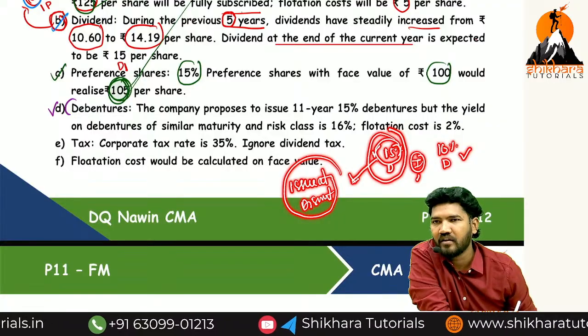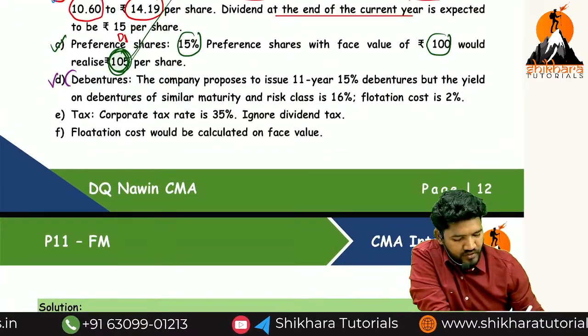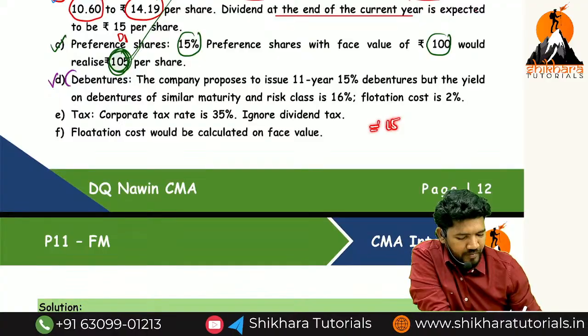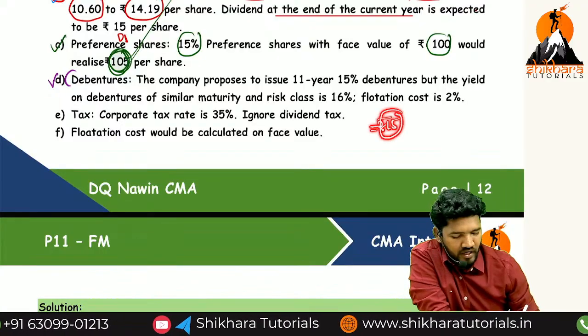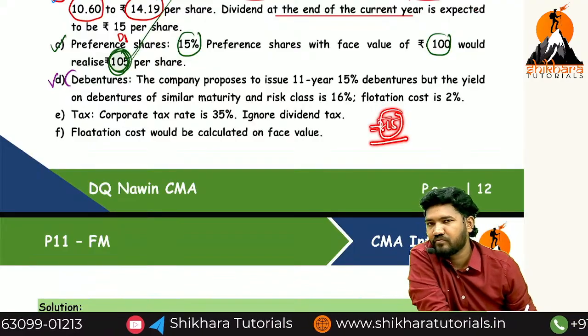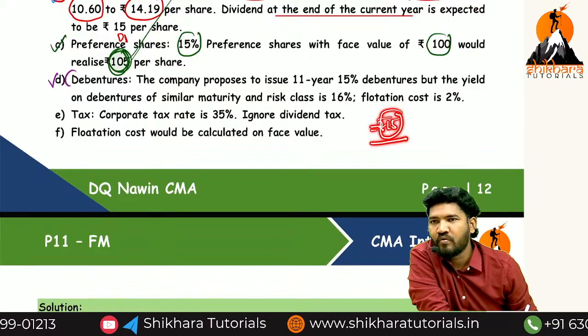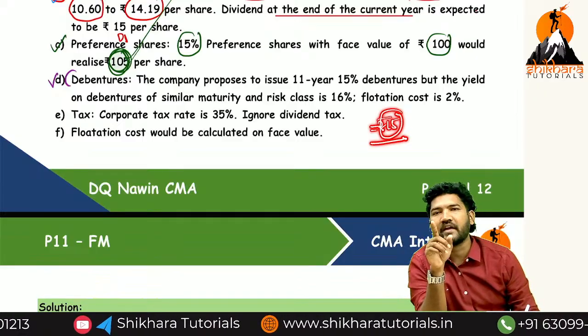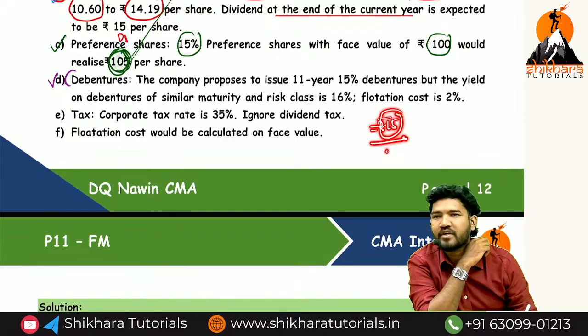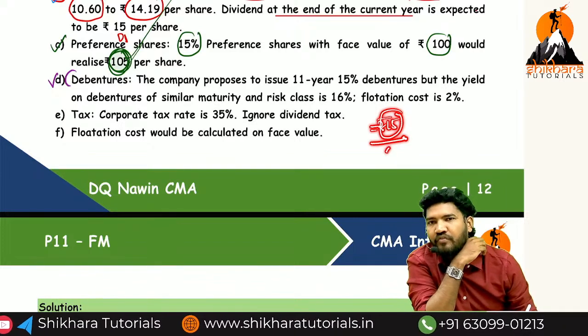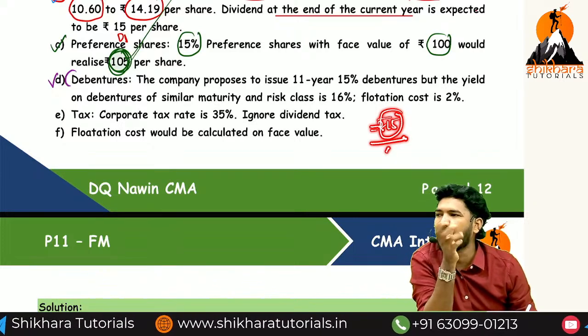Clear? Now, how much interest are we paying? 15 rupees per debenture. 15% on face value means 15 rupees only. Now I want the issue price value. Interest is 15 rupees, but we are not paying on face value, we are paying on issue price, right? For the issue price we use the concept of capitalization. If you divide by the percentage, you will get the capital value.